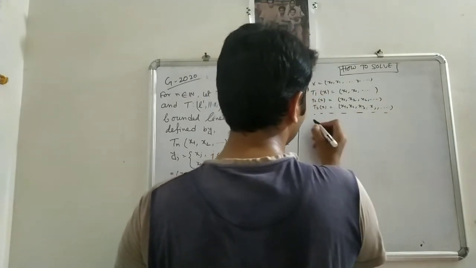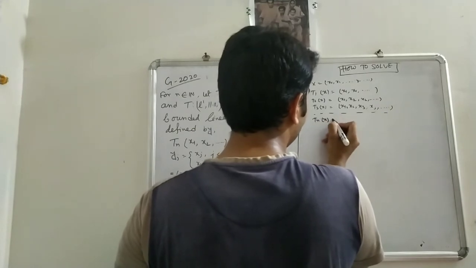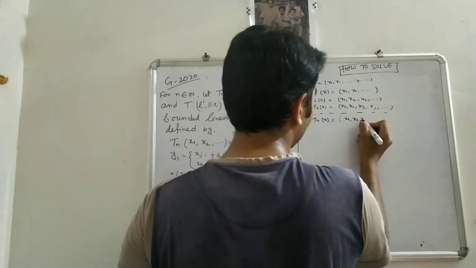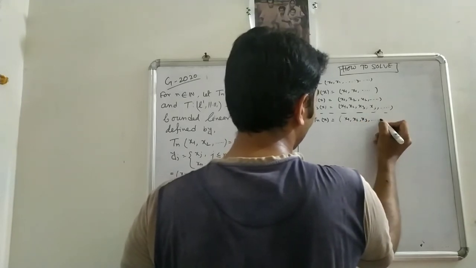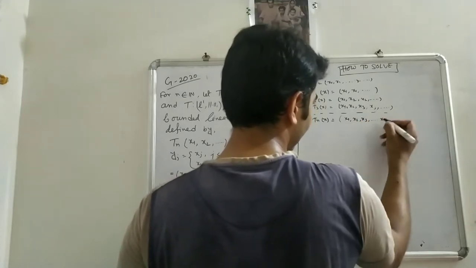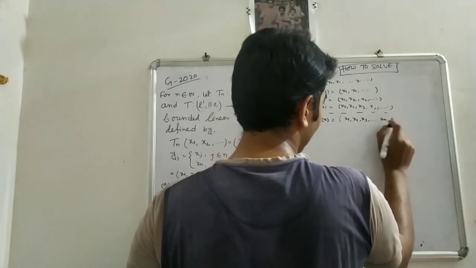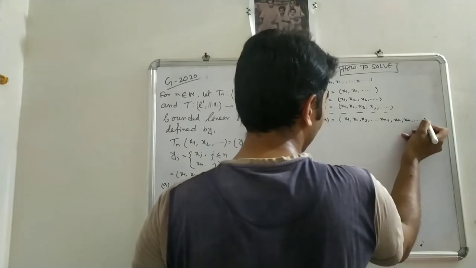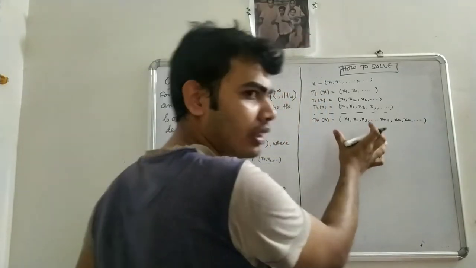This way, in general, Tnx is equal to x1, x2, x3, dot dot dot, xn, xn and so on. So this is our Tnx.